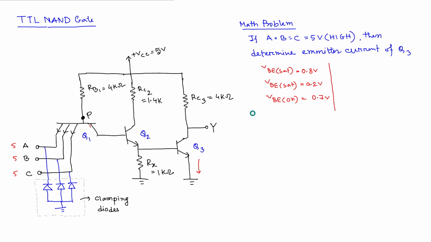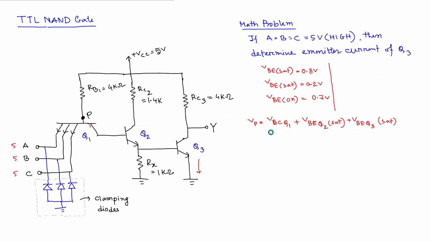So basically we can say Vp should be equal to what? VBC of Q1 plus VBE of Q2 (saturation) plus VBE of Q3 (saturation).